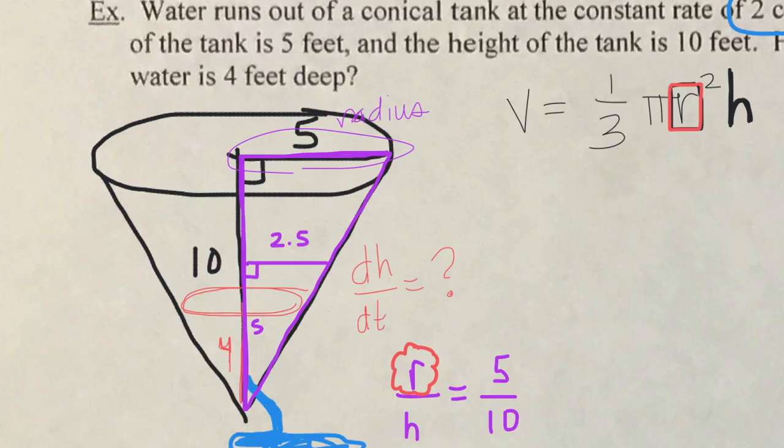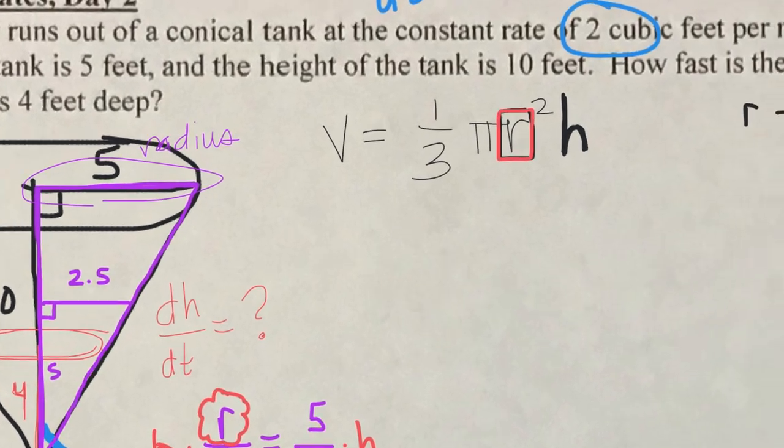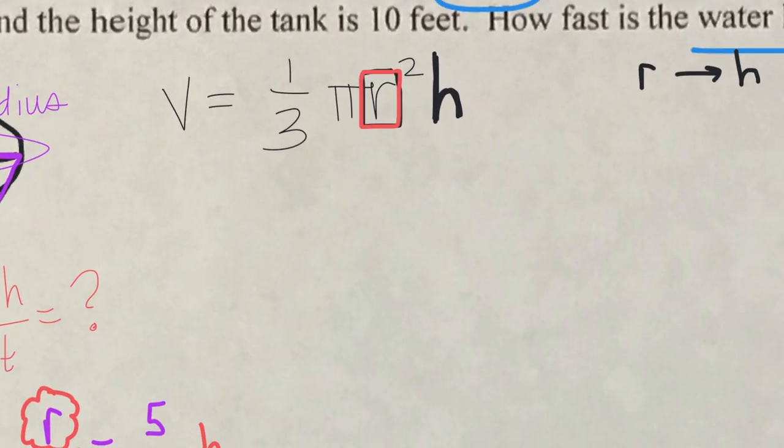So I multiply both sides by h, and what does r equal? Basically h divided by 2, right? The radius is always going to be half of the height. Okay, now that's not even part of our problem, right? That's only going to go in here so we can simplify our equation. We're going to replace r with h over 2.